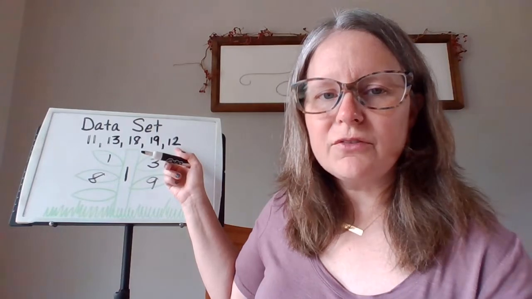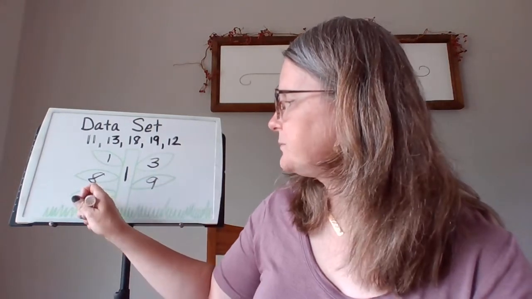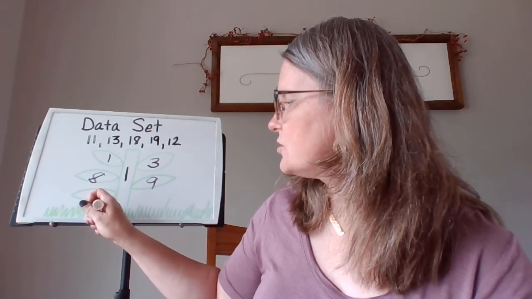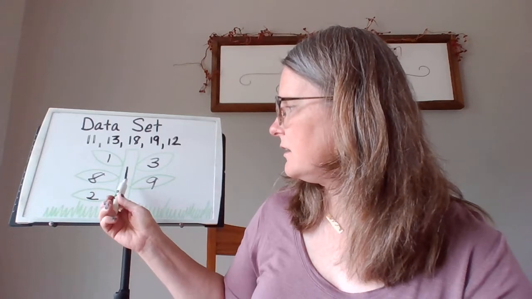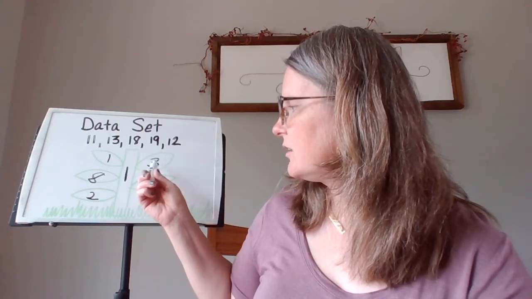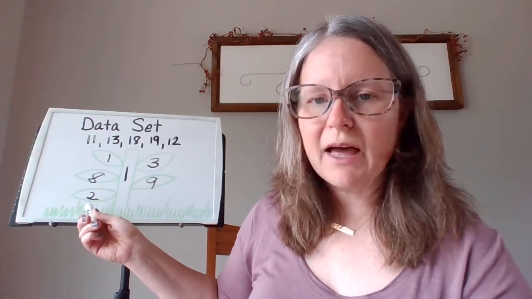And for 12, in the ones place, we have a 2. So if we were to go back and read what numbers we have represented using our stem and our leaves, we would know we have 11, 19, 13, 12, and 18.